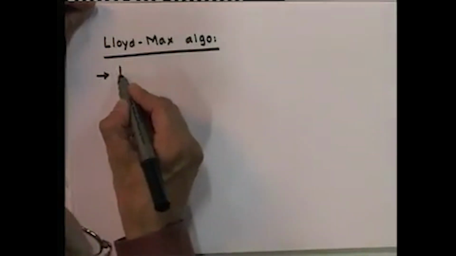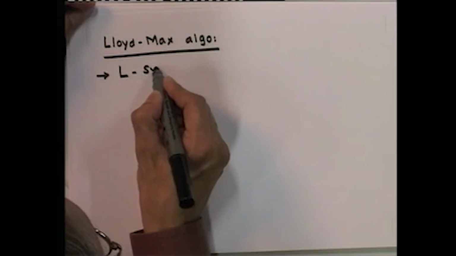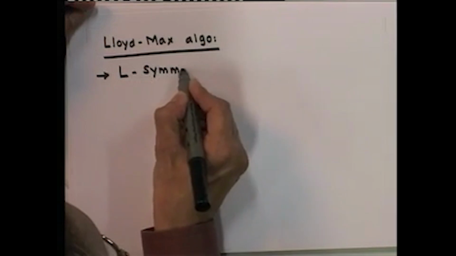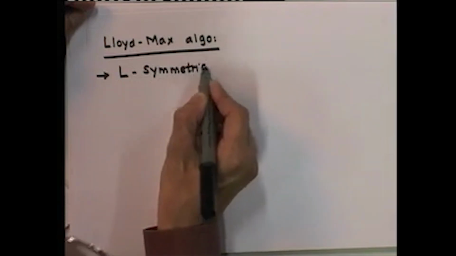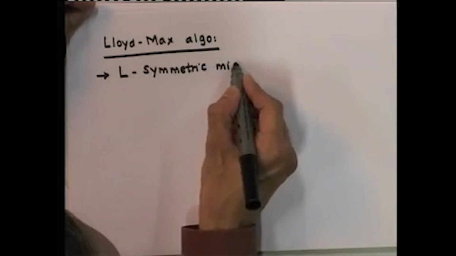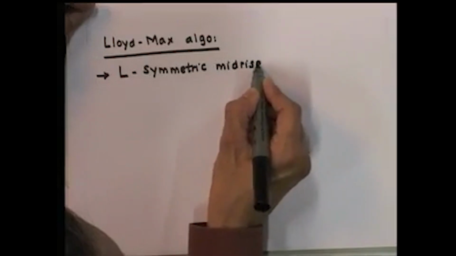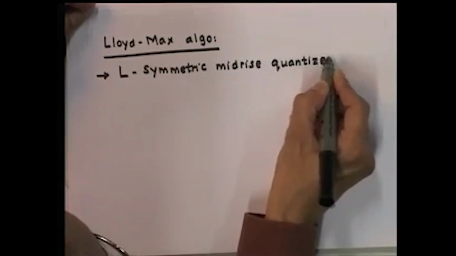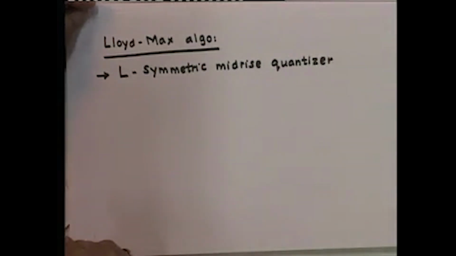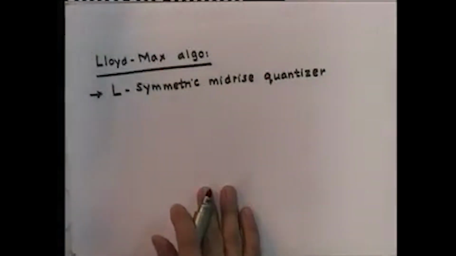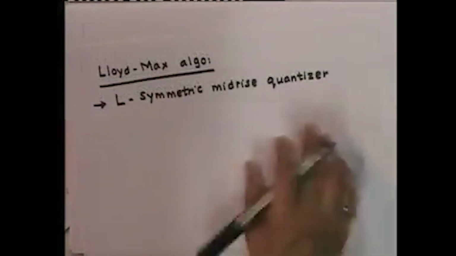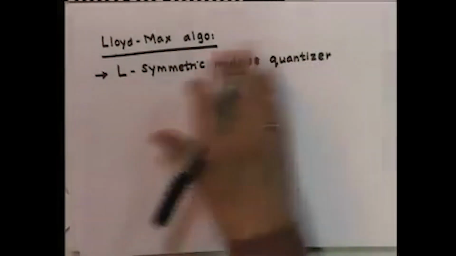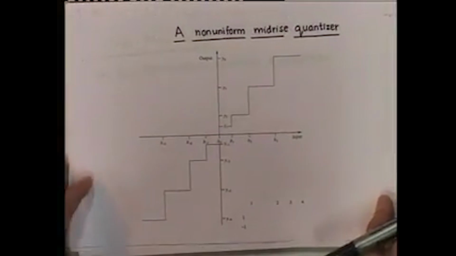Suppose we want to design an L level symmetric mid-rise quantizer. Now, to define our symbols which we will be using for derivation, let us use the following figure.